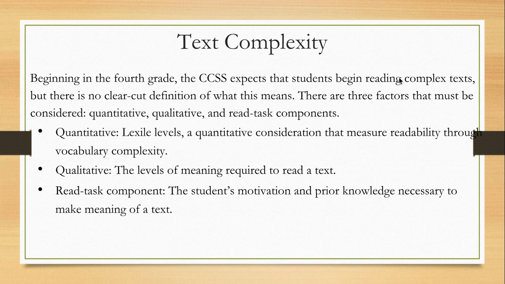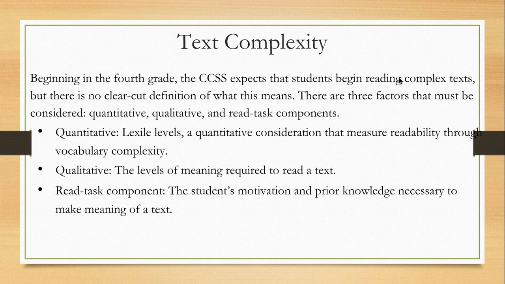For the quantitative consideration, there are things such as Lexile levels, and these are used generally just to get a measure of the readability of a text, its vocabulary complexity. Unfortunately, Lexile levels do not give a complete view of what makes a text complex.